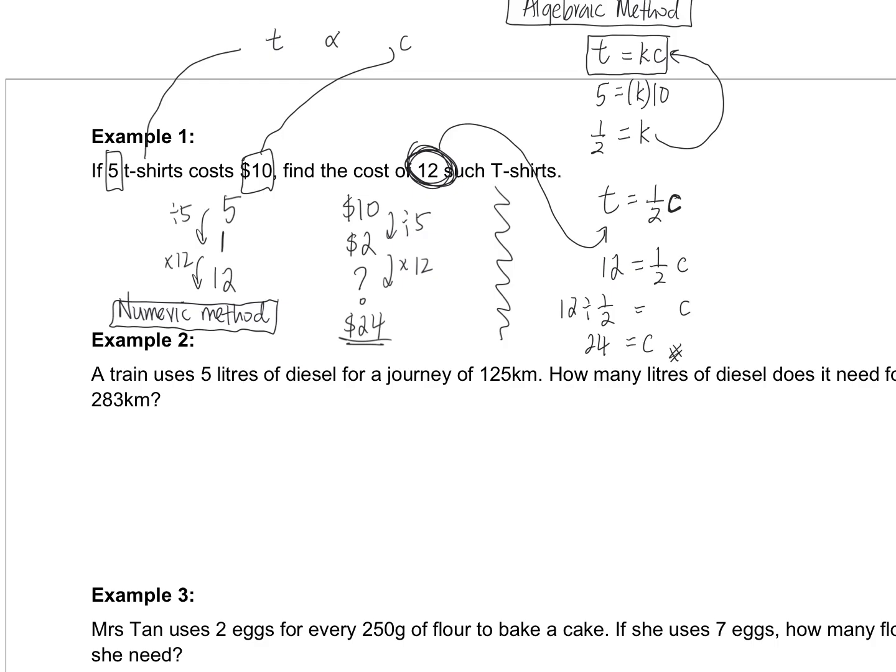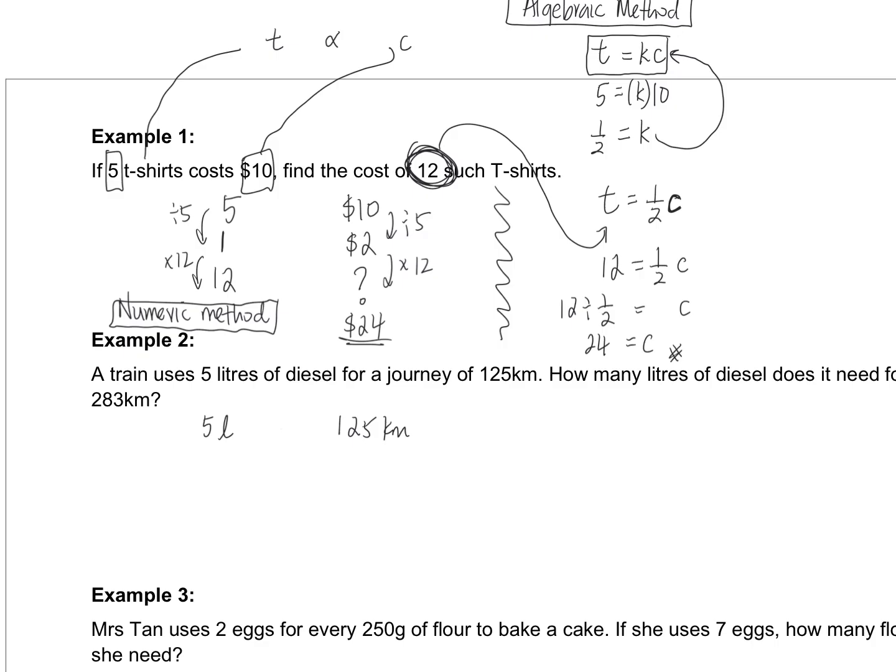So first, okay, ready? I use 5 liters of diesel for 125 kilometers distance. Okay, 1 liter, I will divide by 5.